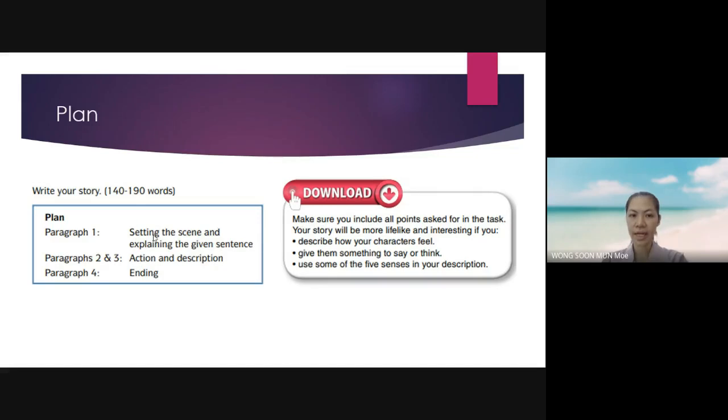Okay, setting refers to the time and the place. Most of the time, the first paragraph of a story will give you some background information of the story. When does it take place? Or where is it?